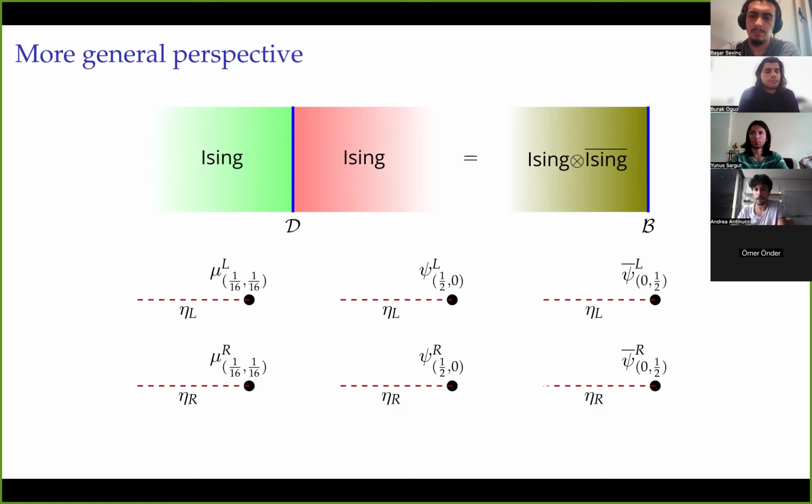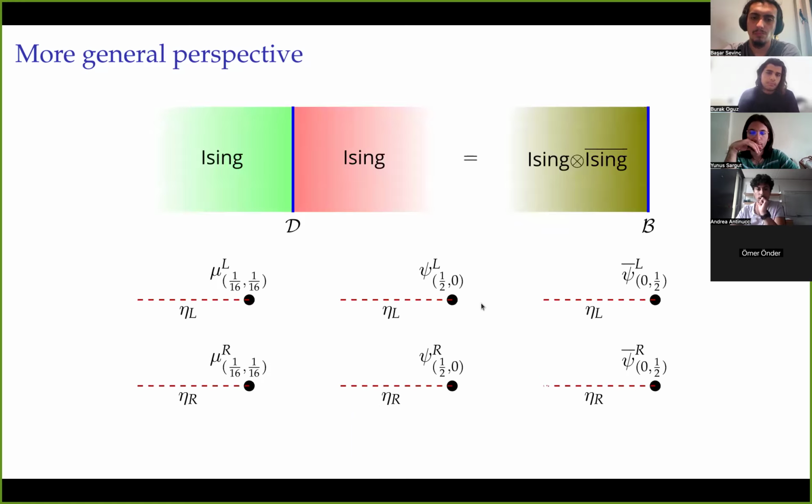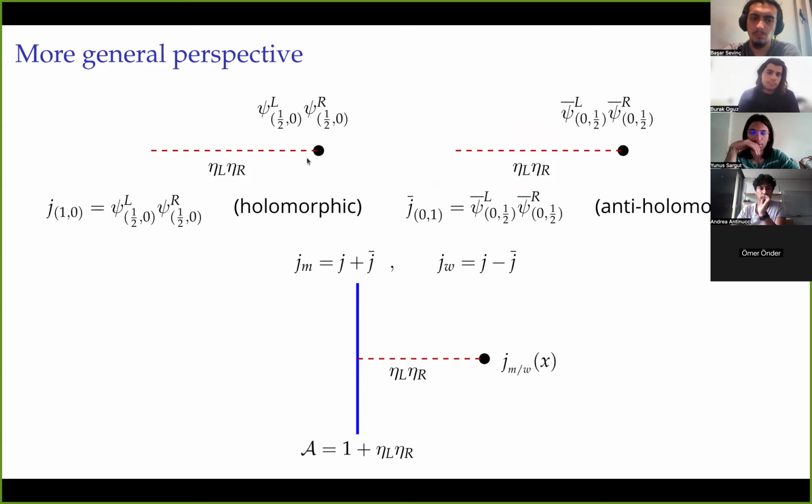Okay, so I can play this game of combining the two of them. If I take the product of psi left, psi right here, as you see, since these are decoupled theories, I just get an operator of dimension (1, 0), so it's a holomorphic operator, and it's a holomorphic current because it has spin 1.